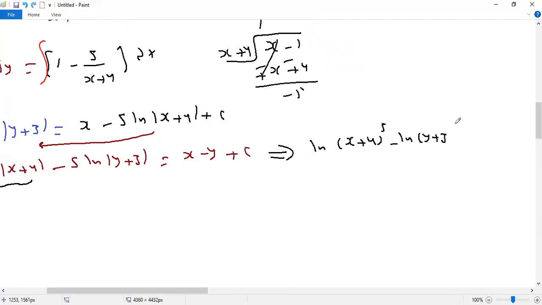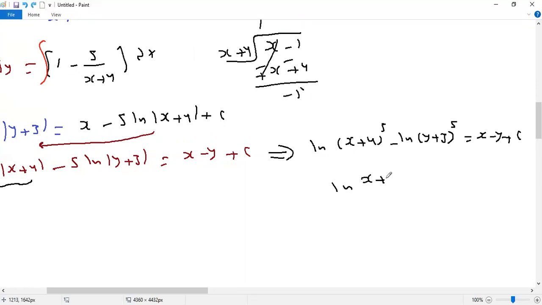So this one to the power 5 equals x minus y plus c. See, this ln minus ln can be written as a quotient: x plus 4 to the power 5 over y plus 3 to the power 5.